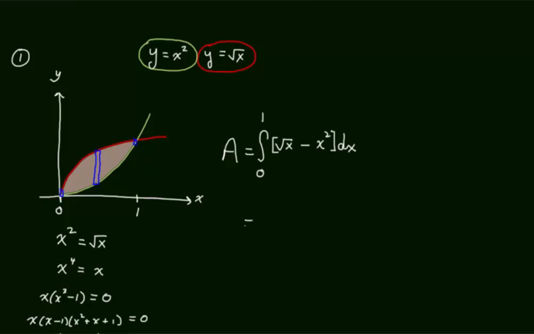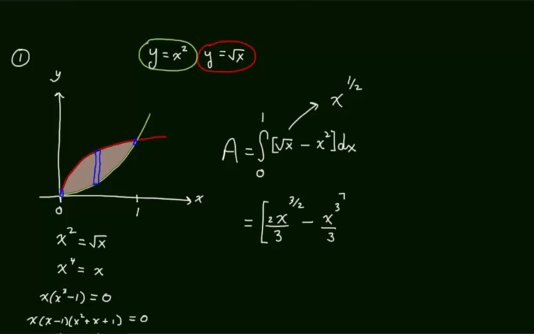To find the definite integral, first I need the antiderivative. I can think of this as x to the 1/2 power. The antiderivative is x to the 3/2 power divided by 3/2 or times 2/3. Minus the antiderivative here is x cubed over 3.